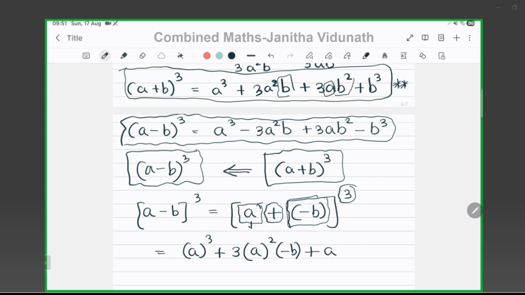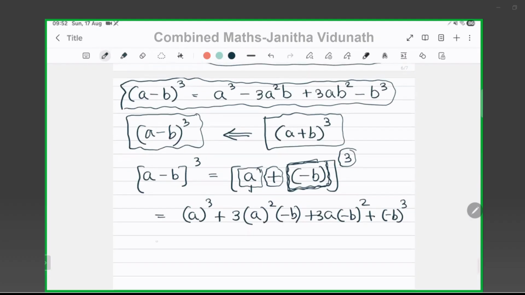This means the square of the second term. But here we get minus b as our second term. Then we can write this as minus b whole square, plus the cube of the second term. Here the second term is minus b whole cube. Then we can further simplify this as a cube. Here the minus sign goes in front and we get minus 3 times a square b plus 3ab square.